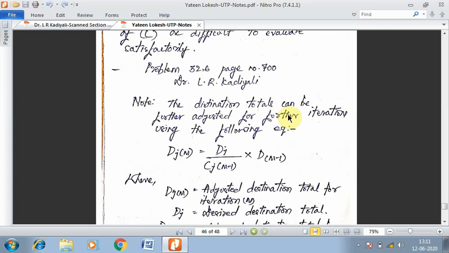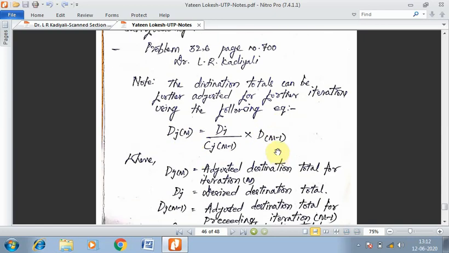So that adjustment needs to be done by using this general equation: Djm, where m represents the iteration number, is equal to Dj divided by Cj(m-1) multiplied by Dj(m-1). Now this is similar to the adjustment factor we did in the previous examples in the gravity model.